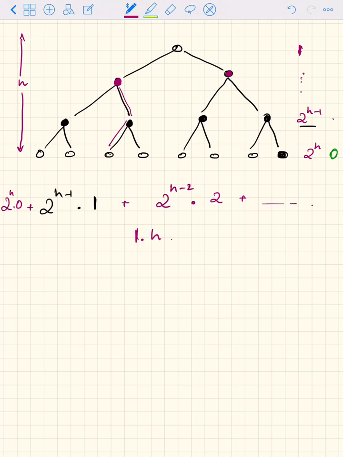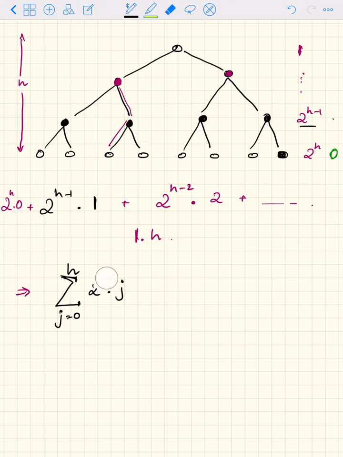Okay, so that's what we want to do. So effectively, we can write this series in a convenient fashion as the summation j equals 0 through h of 2 to the power h minus j times j.